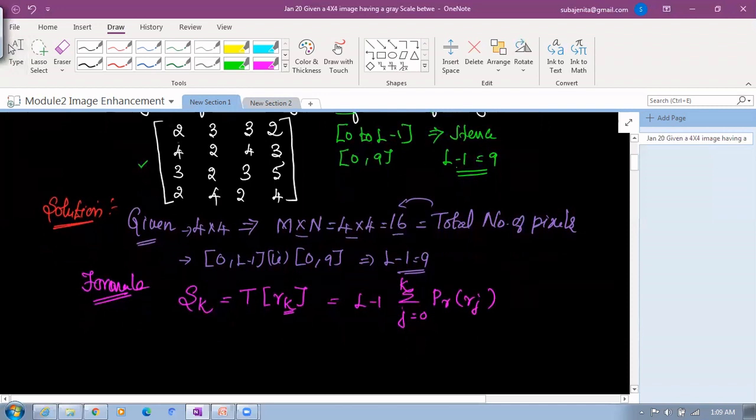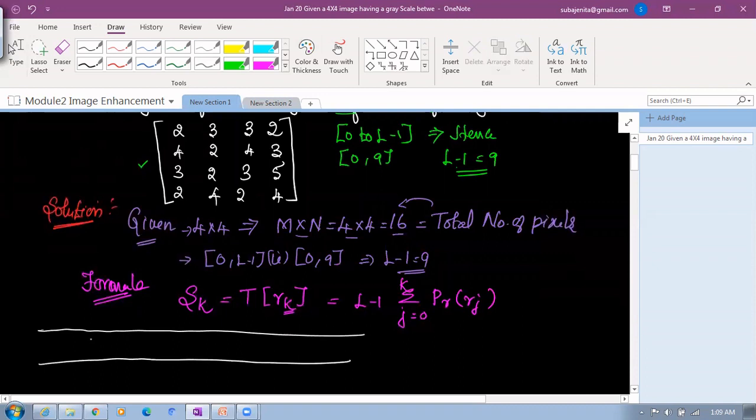So let me formulate the table. In the first column, let me represent it as gray level. That is nothing but Rk. And in the second column, let me represent it as number of pixels.